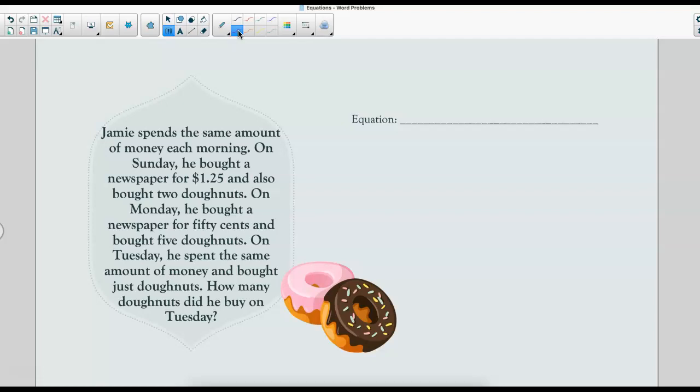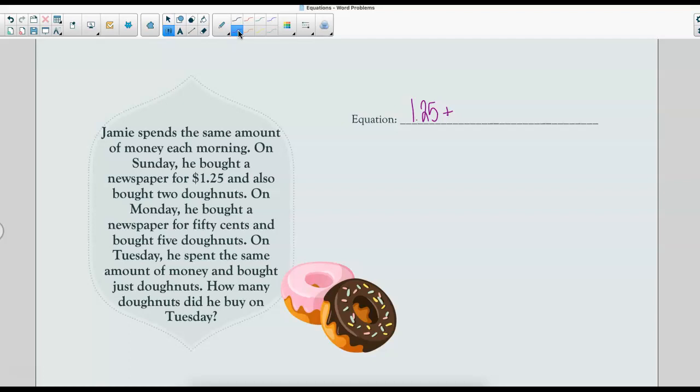Okay, so we know that on Sunday, he bought a newspaper and donuts. How would you figure out how much money he spent on Sunday? Tyler. Say that again. No. Okay. Sydney. $1.25 plus just X, but he bought 2 donuts, so 2x.